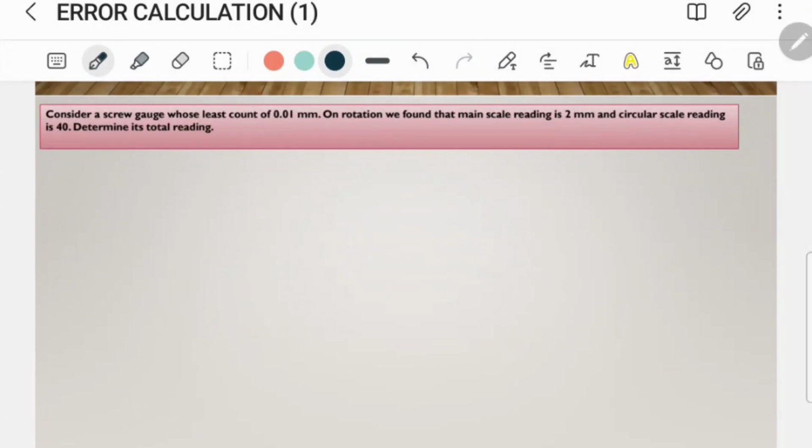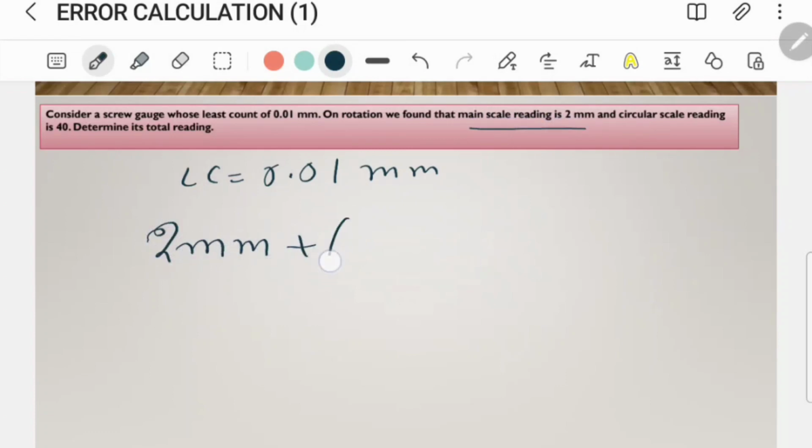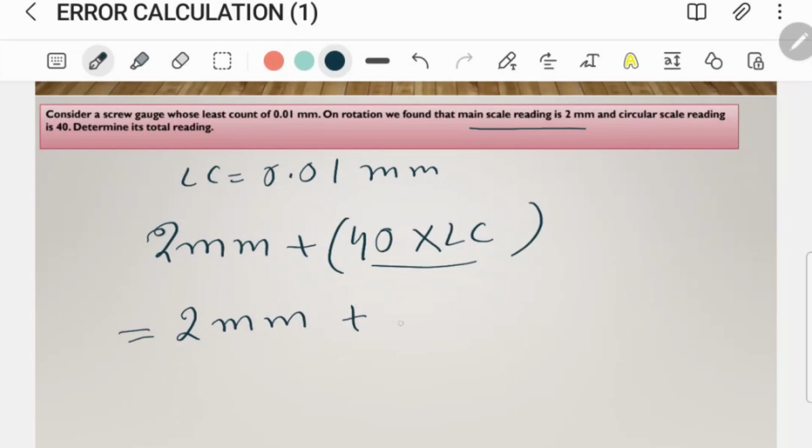The next one is also a very simple problem. Here they have already given the least count as 0.01 millimeter. Main scale reading is 2 millimeter, and the circular scale reading is 40. Determine the total reading. We have to multiply the circular scale reading with the least count, which is 0.01 millimeter.